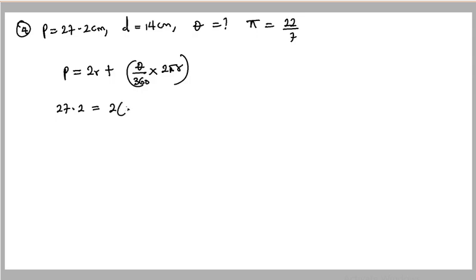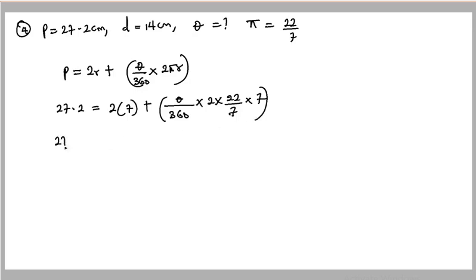So I have here 7 plus the angle we don't know, theta, over 360 times 2 times pi, 22 over 7, times our R as we got before, 7.